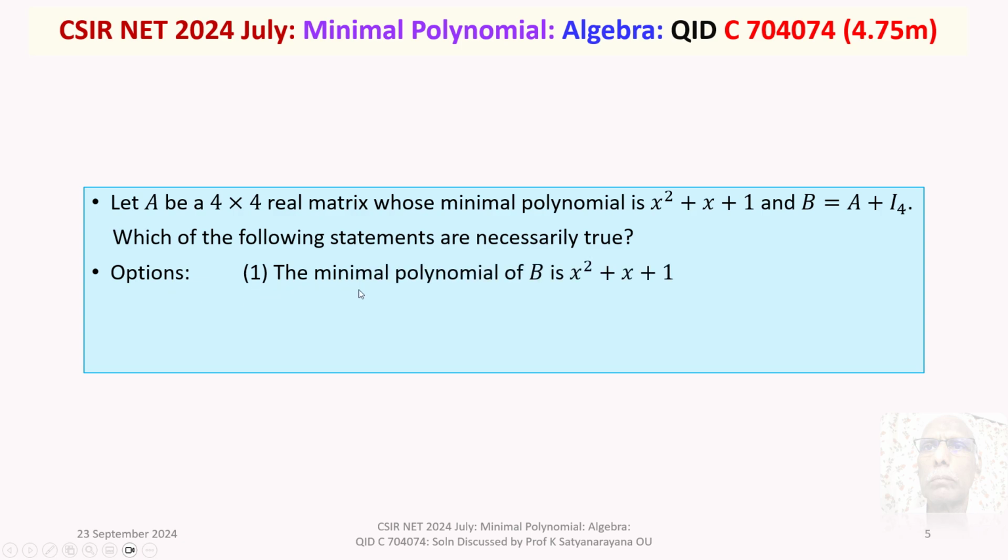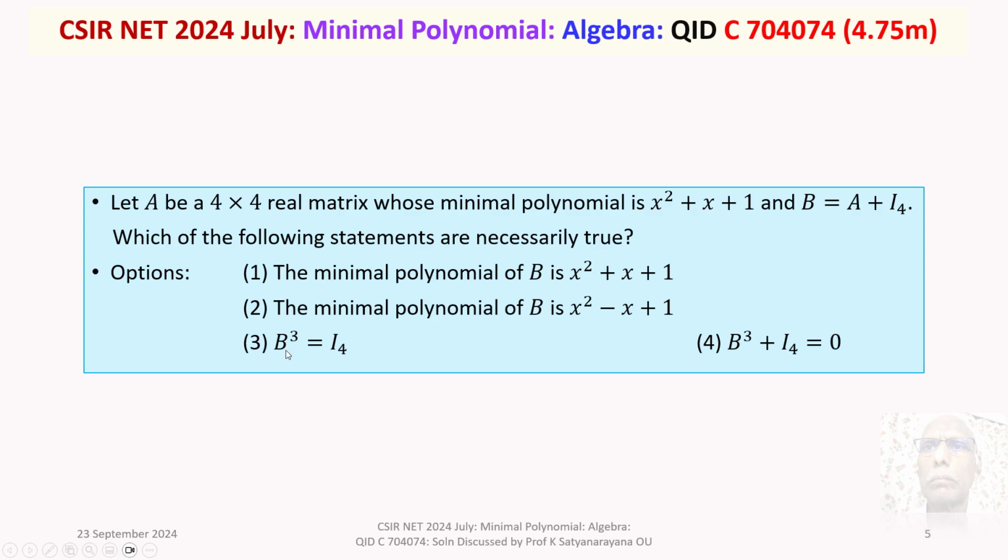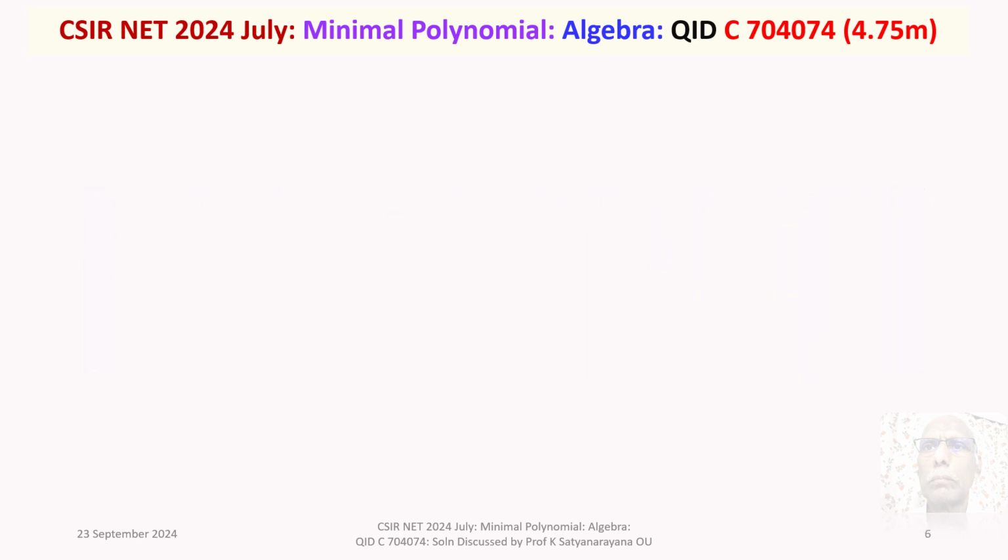Option 1, the minimal polynomial of B is x square plus x plus 1. Option 2, the minimal polynomial of B is x square minus x plus 1. Option 3, B cube is identity. Option 4, B cube plus I is equal to 0. Let's now discuss the solution of the problem in detail.